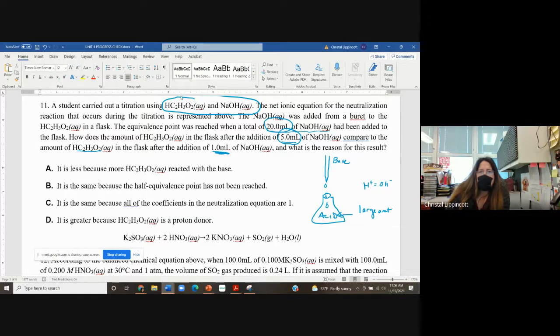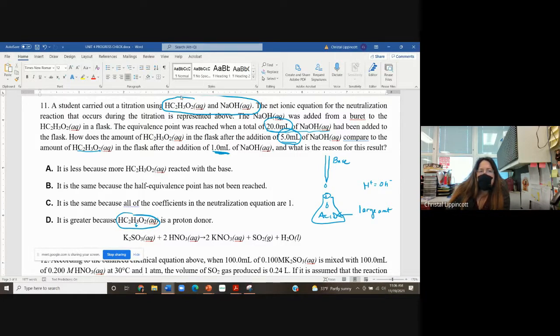And now we've got more of that acid in there. So this is definitely a contender. This would not be, because we would actually have, no, good grief. Okay. Yeah, that's why I rejected that one. So this wouldn't have increased because we've taken some of this and it's reacted with the base. So we've got less of this now after 5 mils than we did after 1.